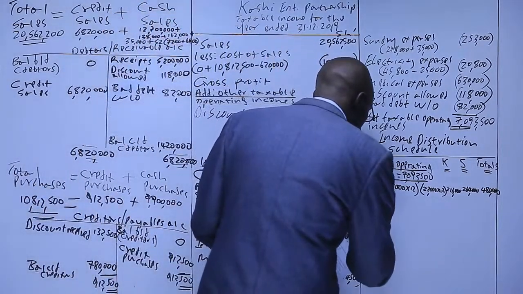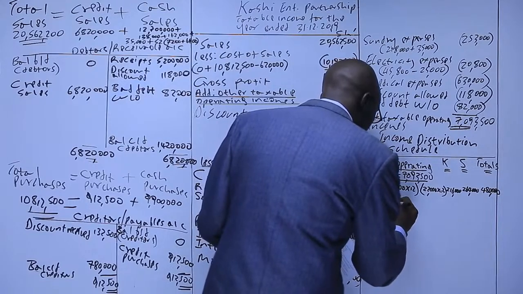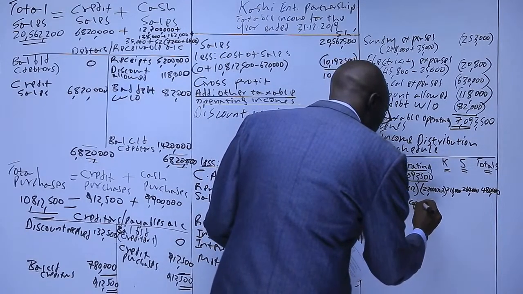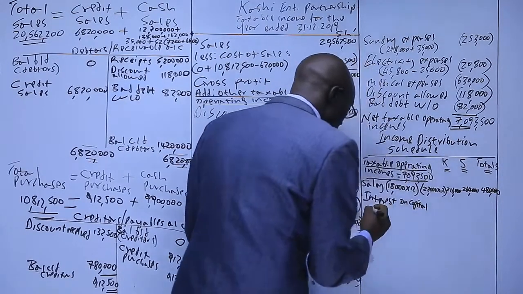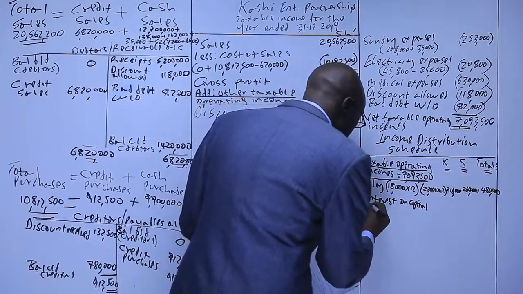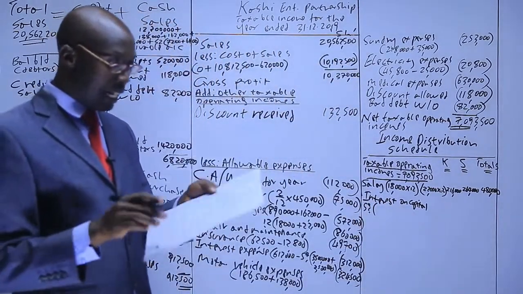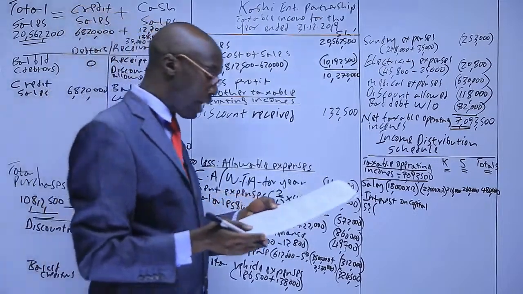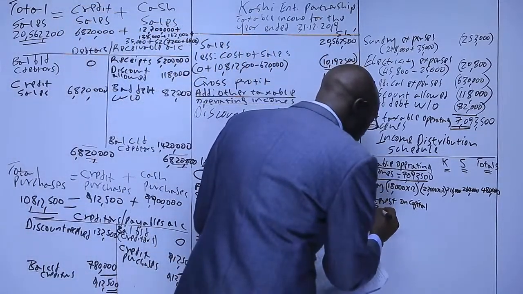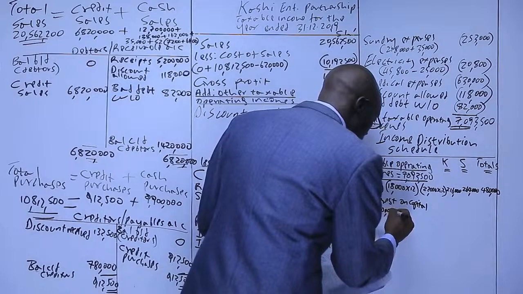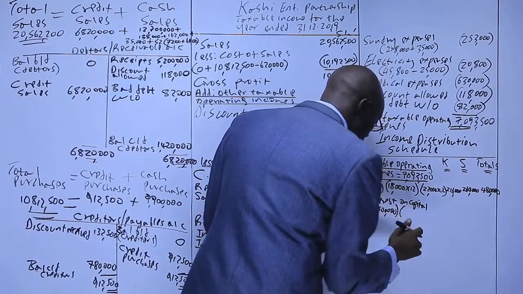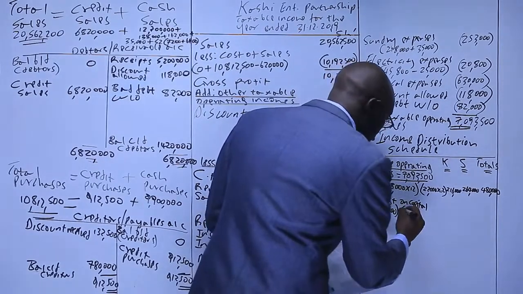So interest on capital, which is supposed to be 5% of the capital. How much is the capital? In the bank statement, we have capital of 35, and also the other one is 25 for each.